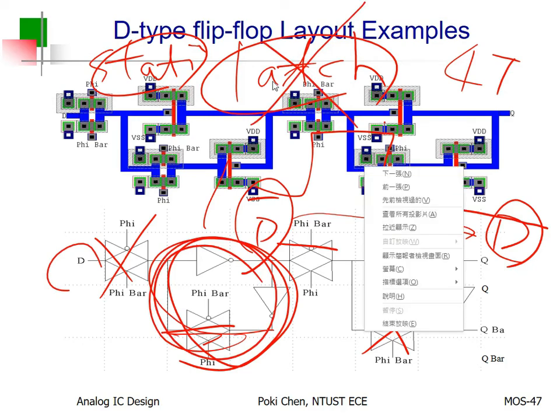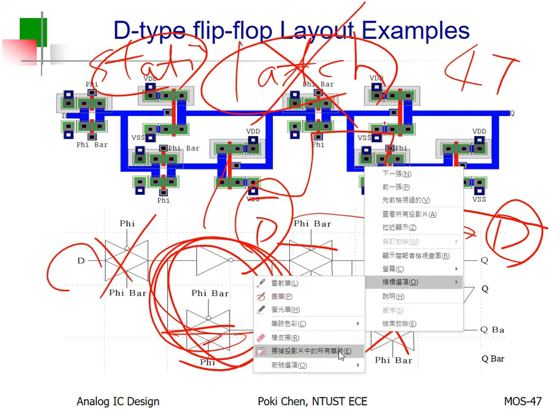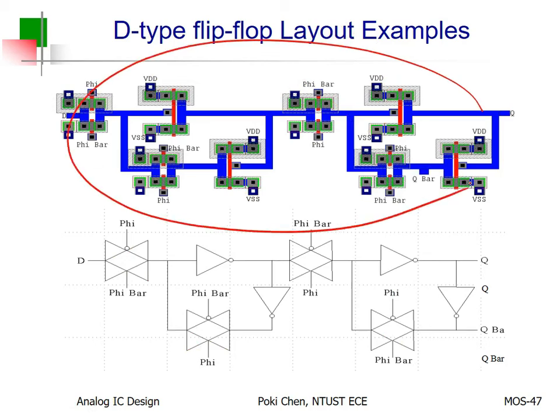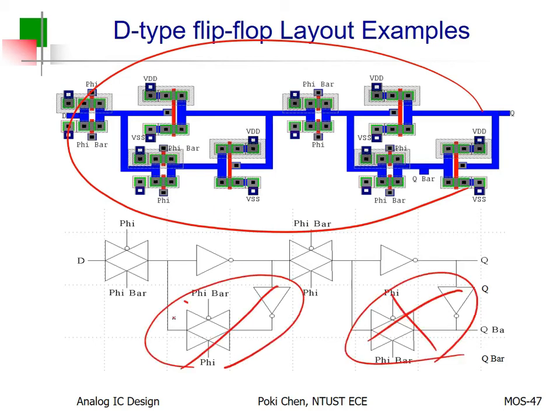So, allow me to show you almost the final two. If you would like to simplify the D-type flip-flop even further, then you can get rid of this. The circuit size will be reduced by 50%.